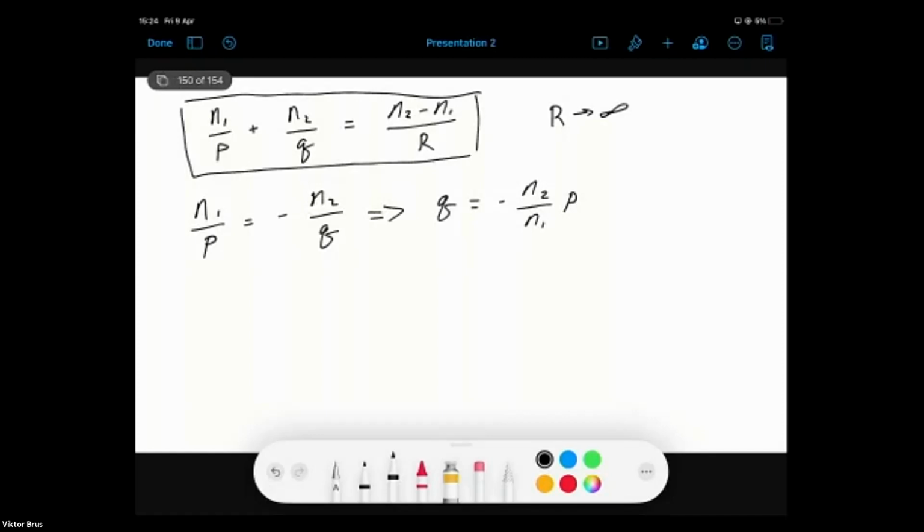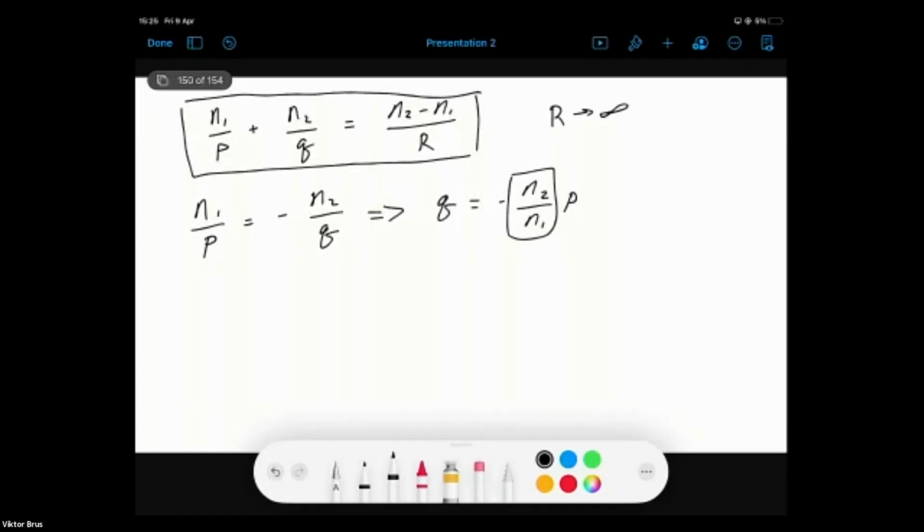So its exact location, in front of or behind the object, will be defined by this ratio of refractive indexes. But for this particular configuration, we will always get this virtual image.